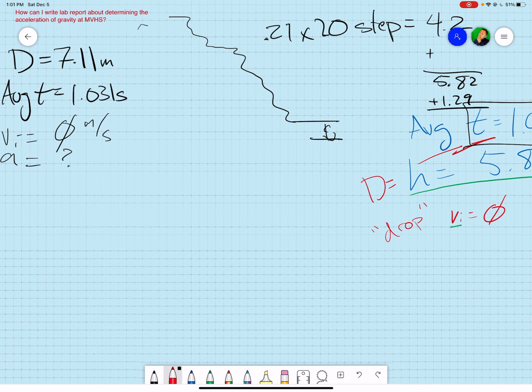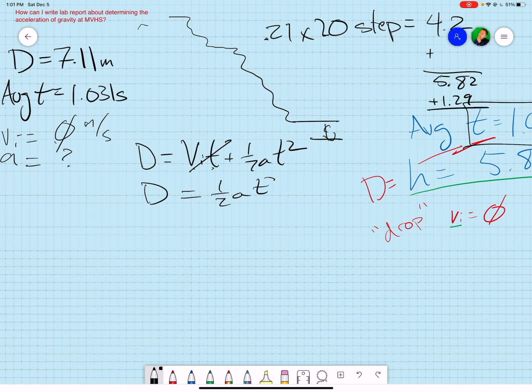So we have distance, d, is equal to initial velocity times time plus 1/2 a t squared. The initial velocity was 0. Anything times 0 is 0, so that went away. And we just have d is equal to 1/2 a t squared.